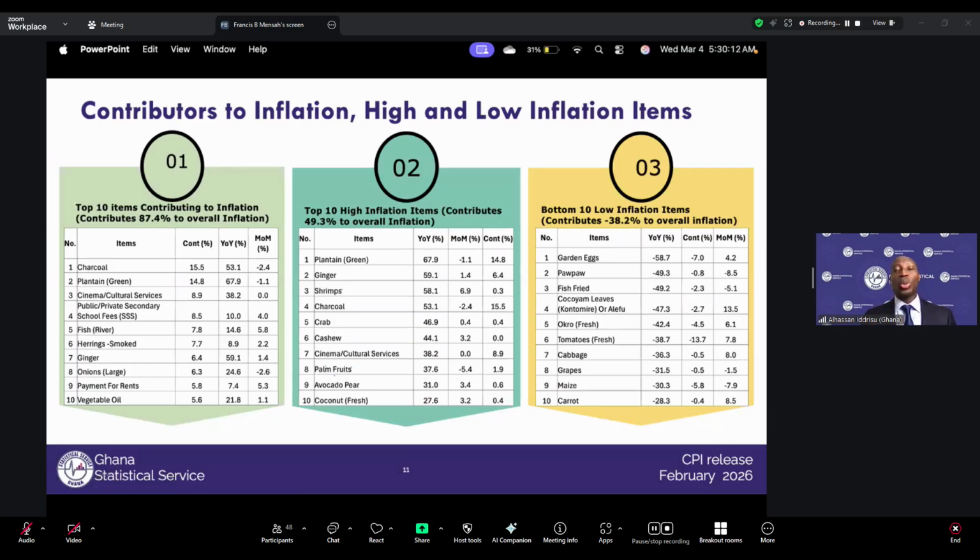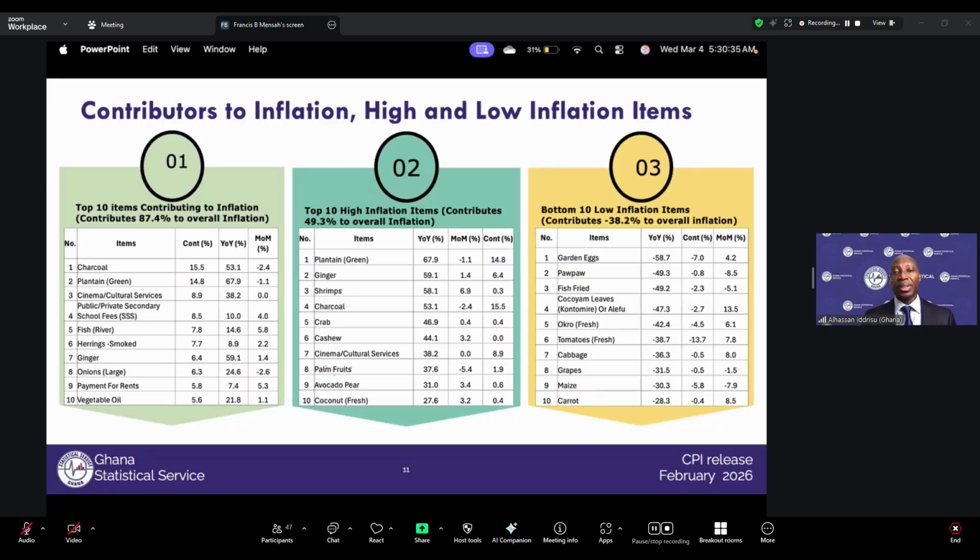Now let's look at the top 5 high inflation items. So what we have just discussed are the top contributors or the drivers, which take into consideration both their inflation rates and then their weights. But now I want us to look at the top 5 high inflation items, just their inflation rates.